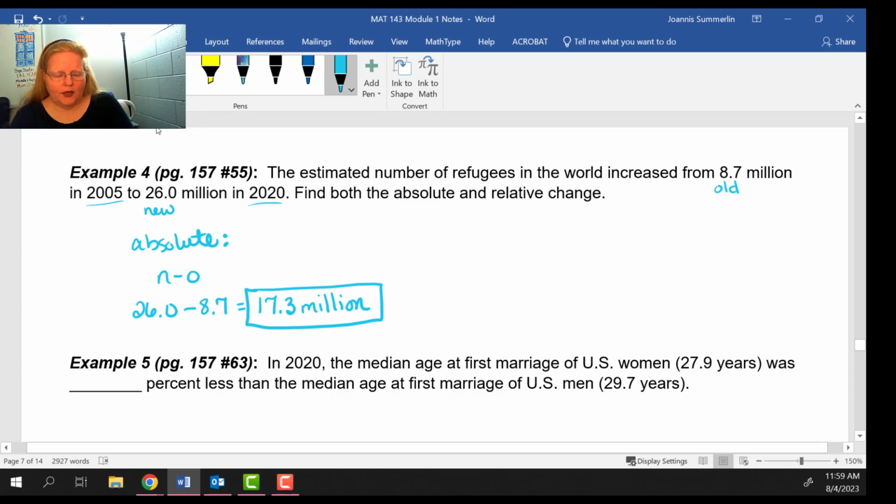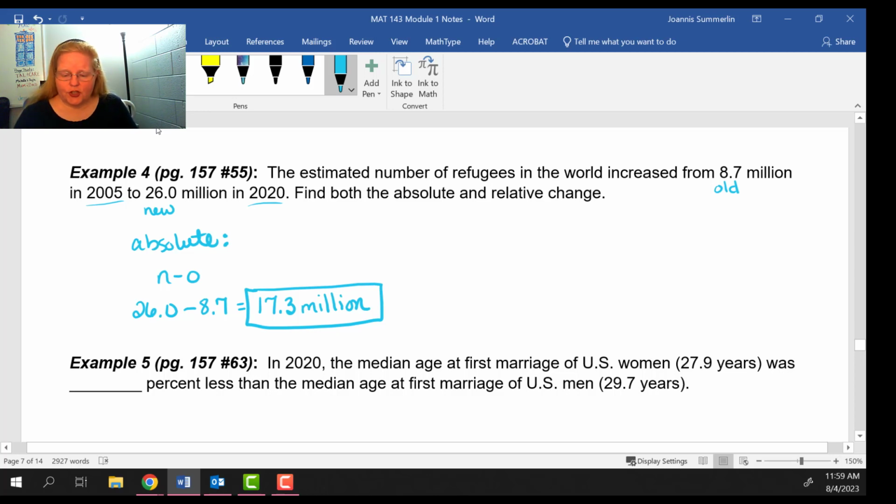That would have meant that I would have had to have calculated and stuck it in my calculator to figure out what the answer was. But because they were the same unit, I didn't have to do that. So be careful and make sure your stuff is in the same unit before you start jumping to conclusions about things, okay? So my absolute change is the 17.3 million.